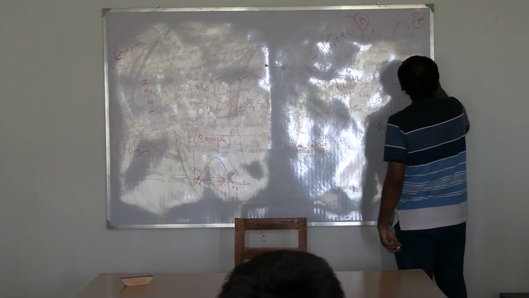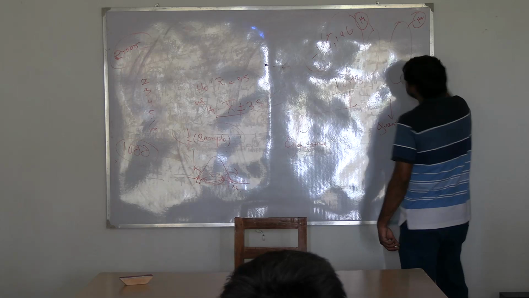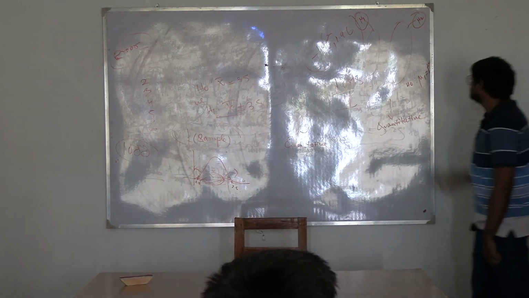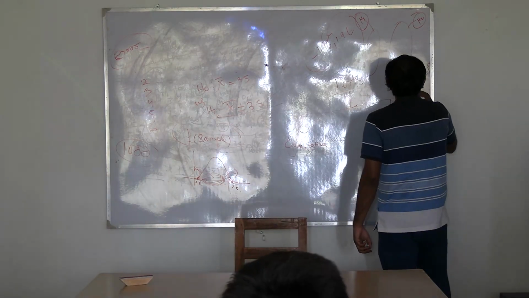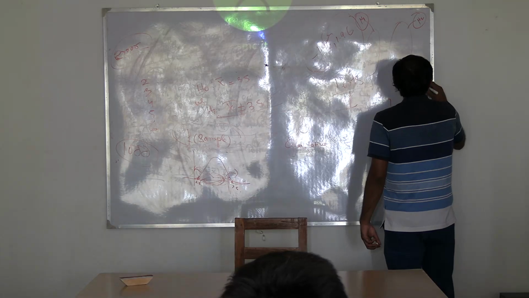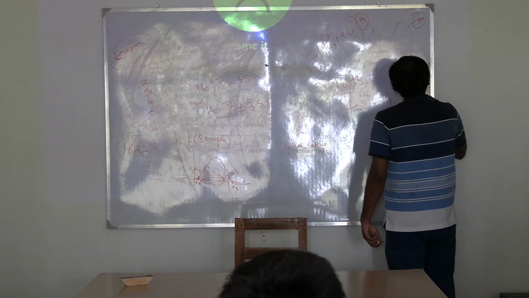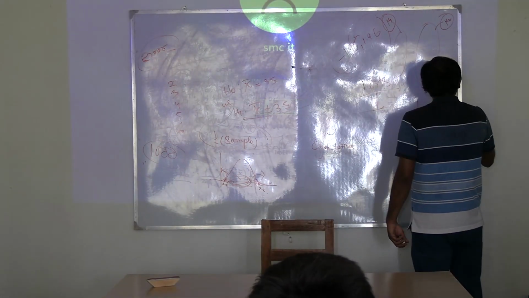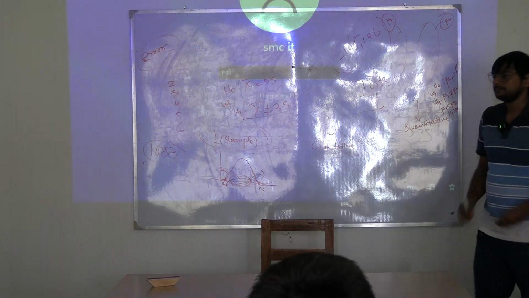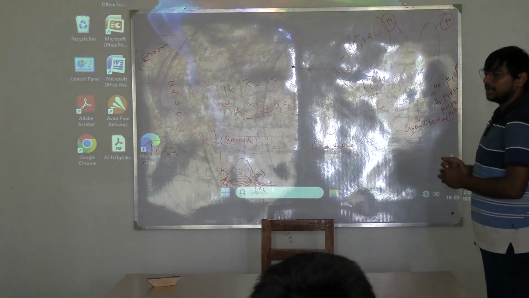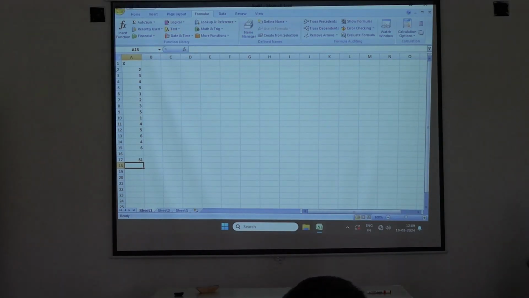So the null hypothesis is mu1 is equal to mu2. The alternate can be mu1 not equal to mu2, mu1 less than mu2, or mu1 greater than mu2, whatever suits our requirement.